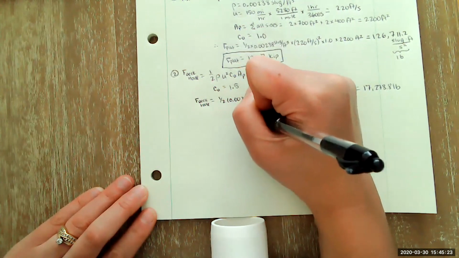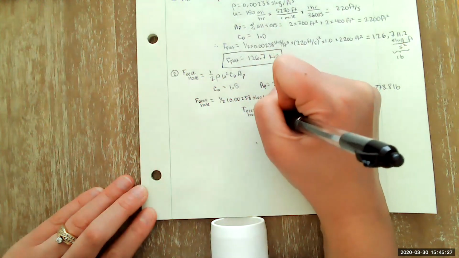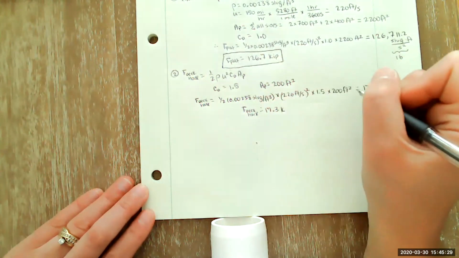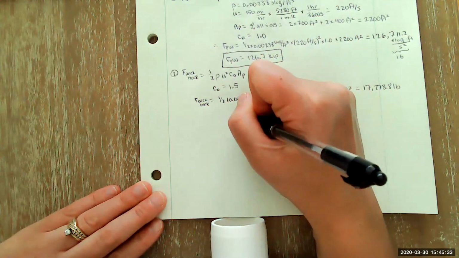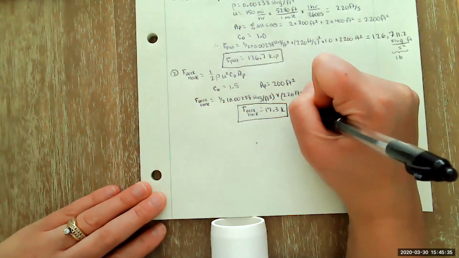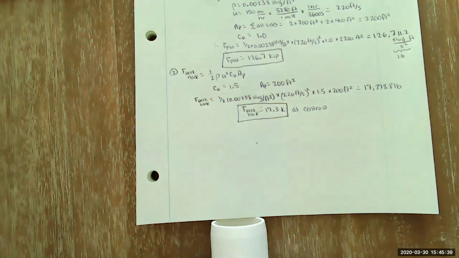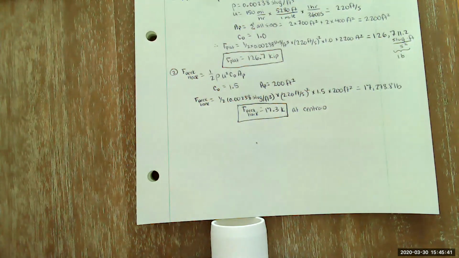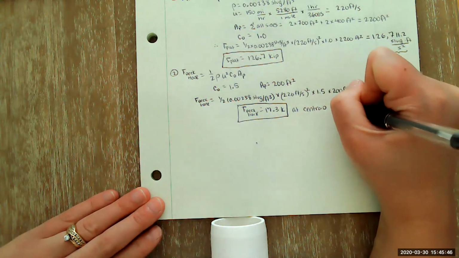So the force on my deck house is equal to 17.3 kips. And for something like a deck house, you can assume that this acts at the centroid of the windward face of the deck house. So apply at centroid of area.